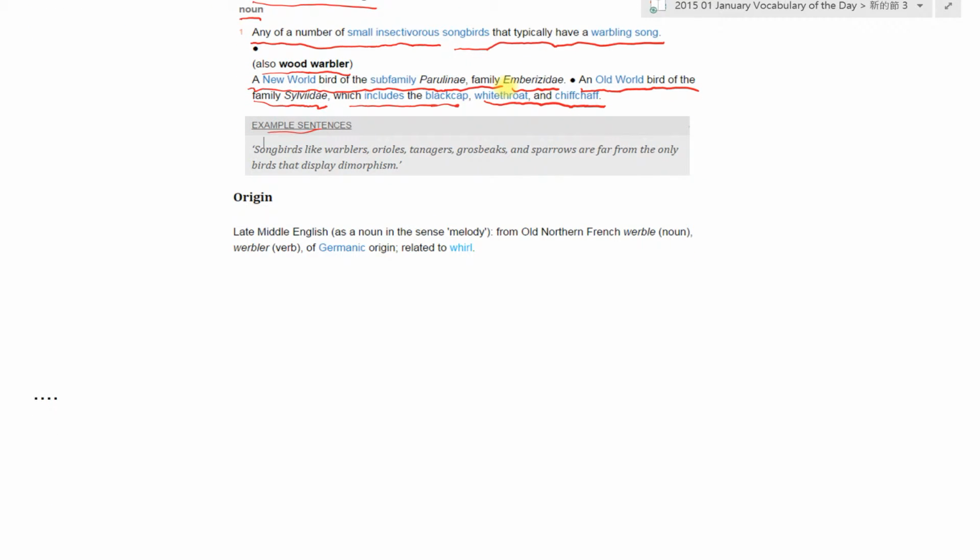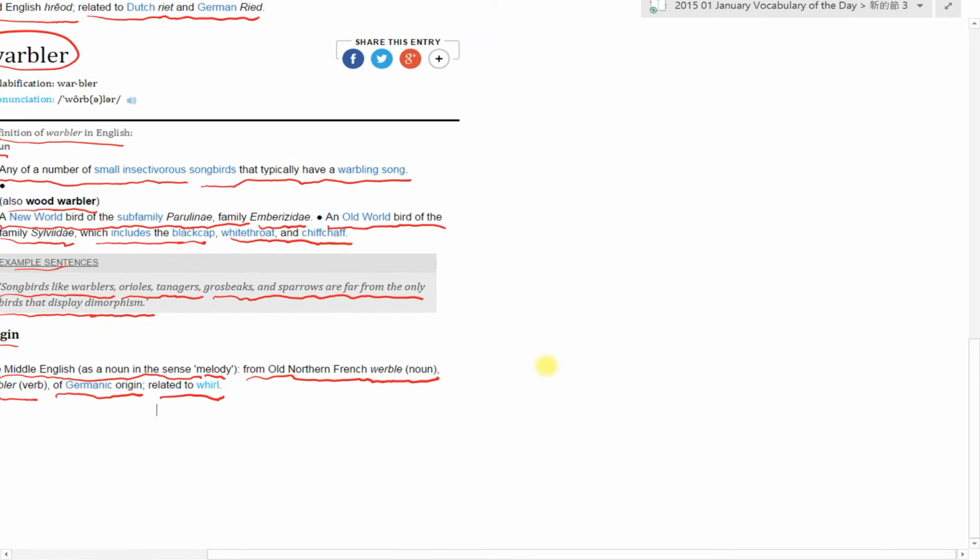Example sentences: Songbirds like warblers, orioles, tanagers, grosbeaks, and sparrows are far from the only birds that display dimorphism. Origins: Late Middle English as a noun in the sense melody. From Old Northern French werbler, noun, werbler, verb, of Germanic origin, relative to whirl.